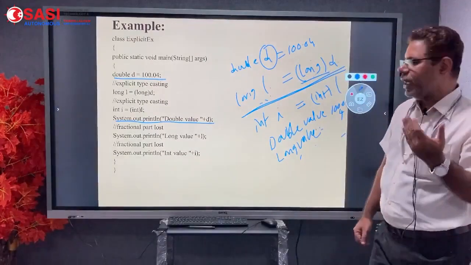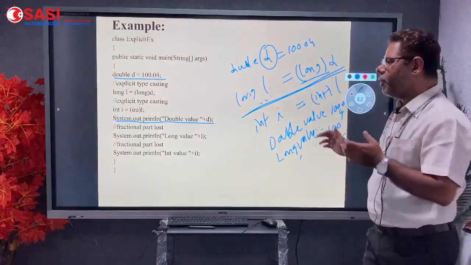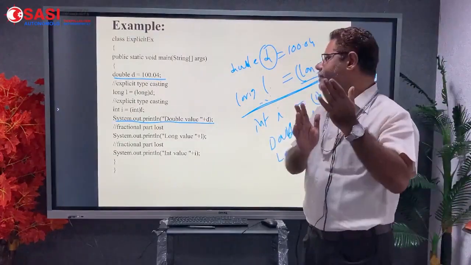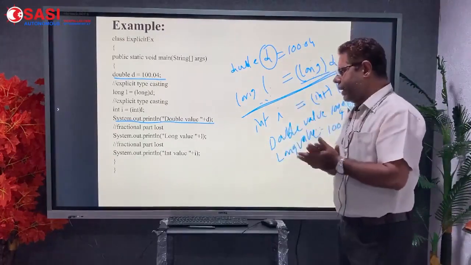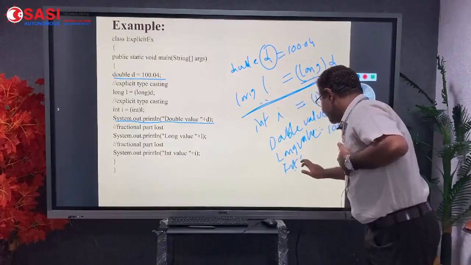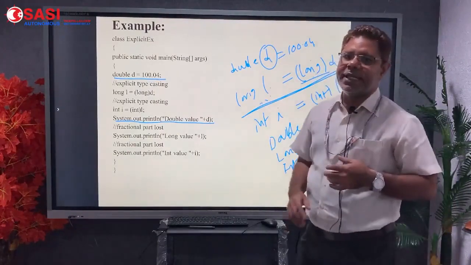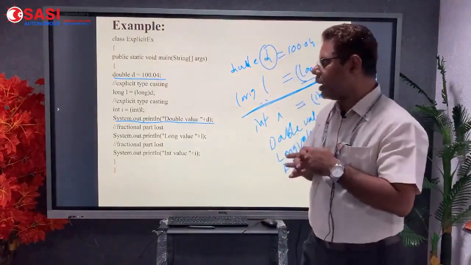There is a fractional part we lost. That means the output is 100. Why? Because we are converting the double data type into the lower long data type. Similarly, the int value output is 100. So in explicit casting, there may be data loss.